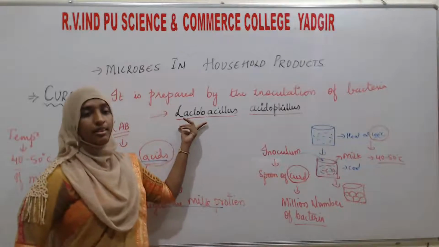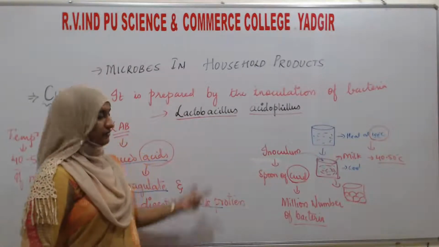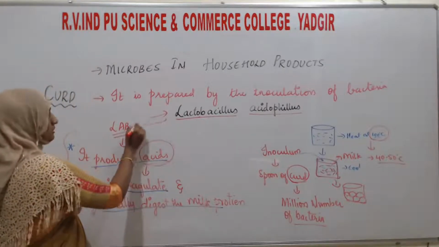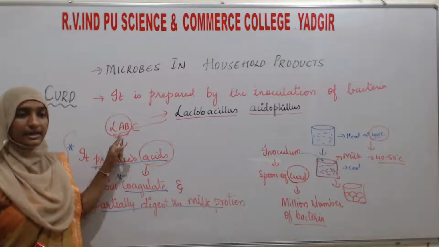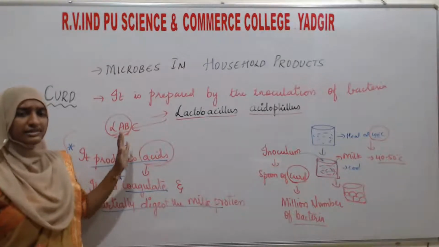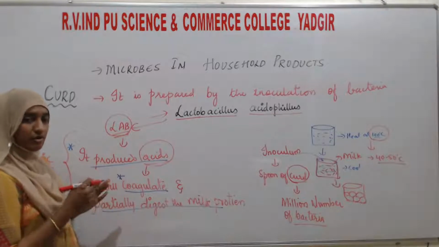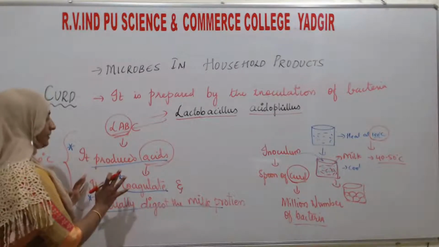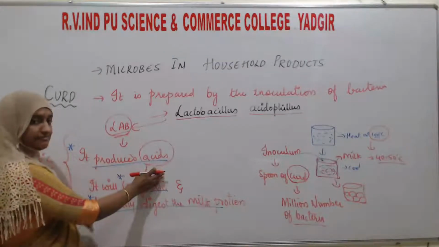That is Lactobacillus acidophilus. It belongs to the group of bacteria known as the lactic acid bacteria. So after adding a spoonful of curd into the milk, first the bacteria will produce the acid.